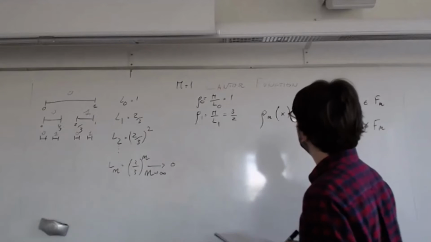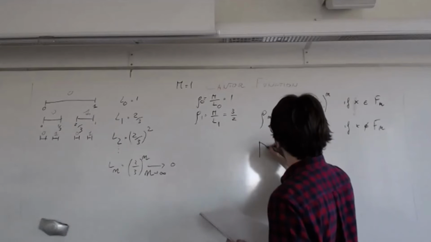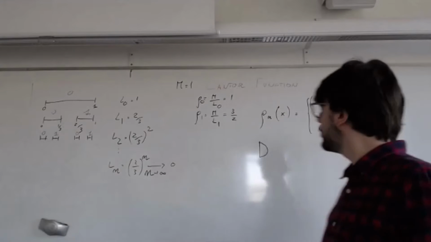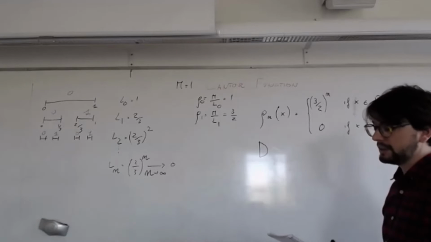But the interesting thing is that if I define a function or a distribution, this is for the grown-ups among you, this is the way that you can define a distribution.